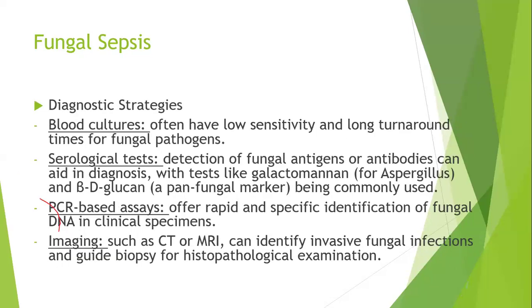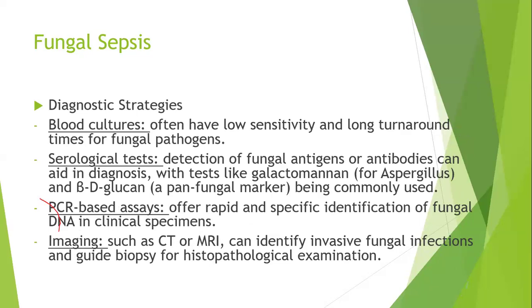All right, diagnostic strategies. Blood cultures have very low sensitivity for fungemia. So what we use are serological tests, which try to detect fungal antigens or antibodies in the blood. Tests like galactomannan for aspergillosis and beta-D-glucan as a fungal marker are commonly used.